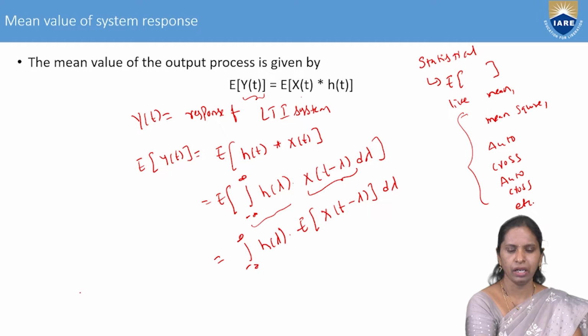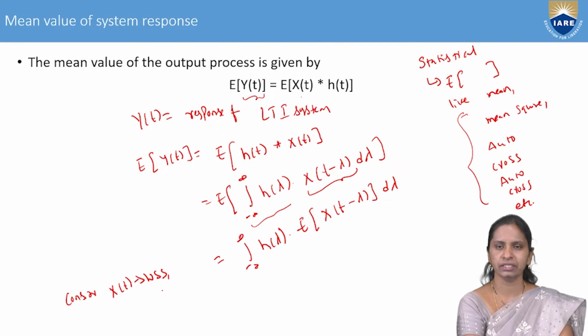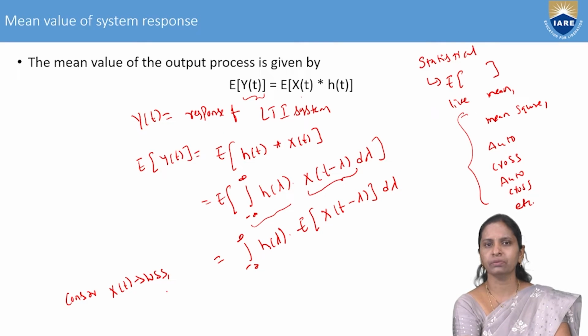Now, for example, consider the random process x of t is a wide sense stationary random process. For a wide sense stationary random process, what are the conditions to be satisfied? The first condition: the mean of the random process should be constant for any value of t.